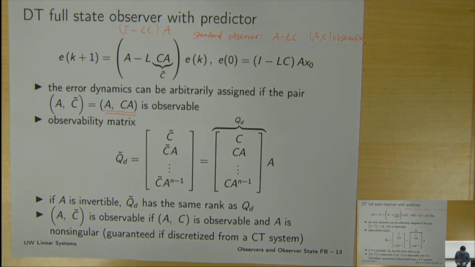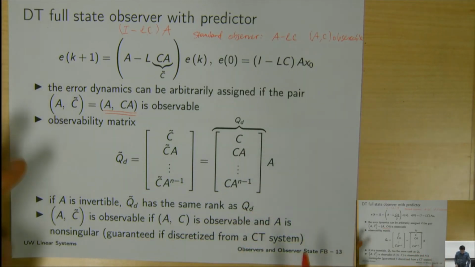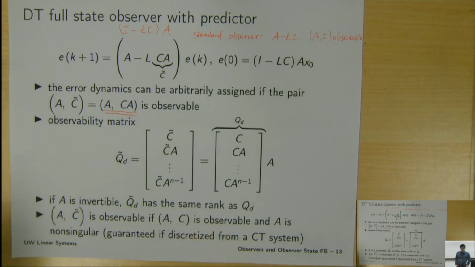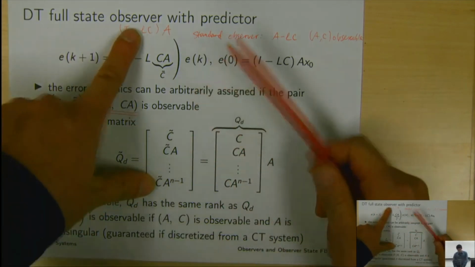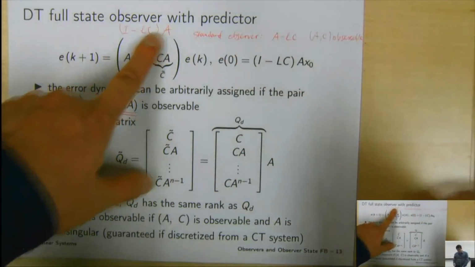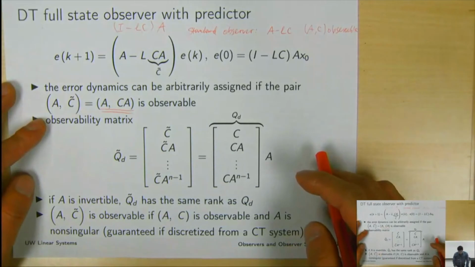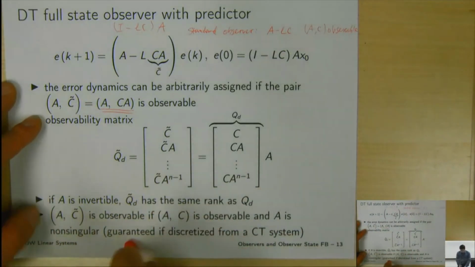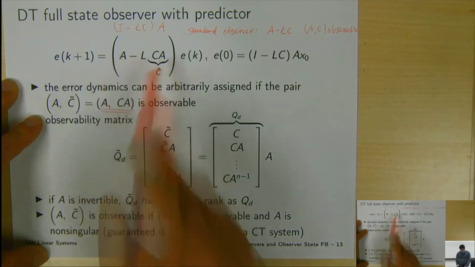In that case, we're going to have observability. Put in other words, if A is non-singular, invertible, and the pair AC is observable, then the discrete time full state observer with a predictor will be observable, and we can do arbitrary pole assignment for the observer dynamics.